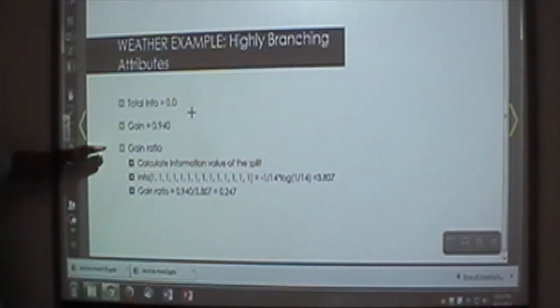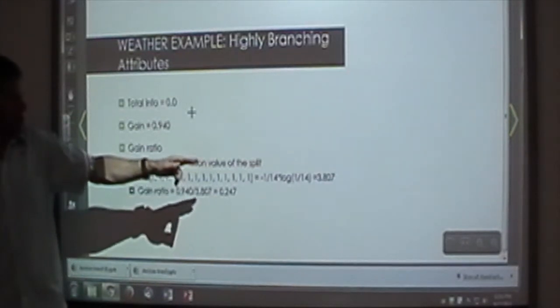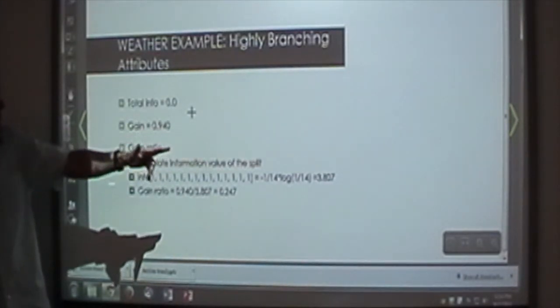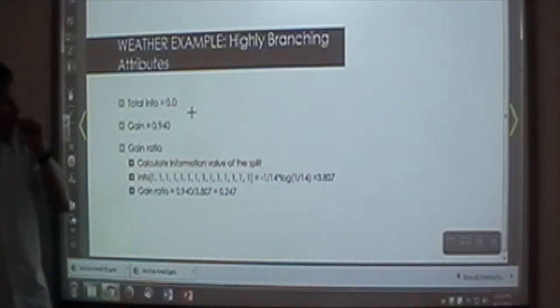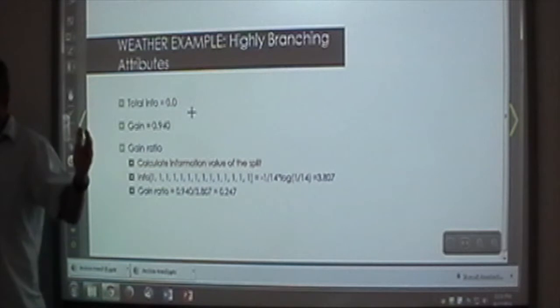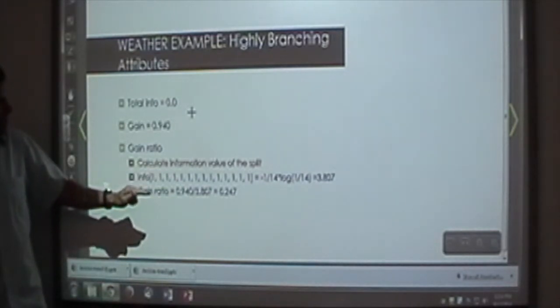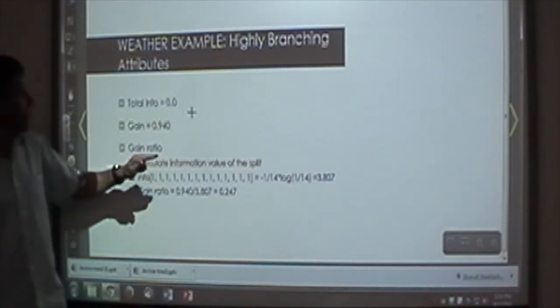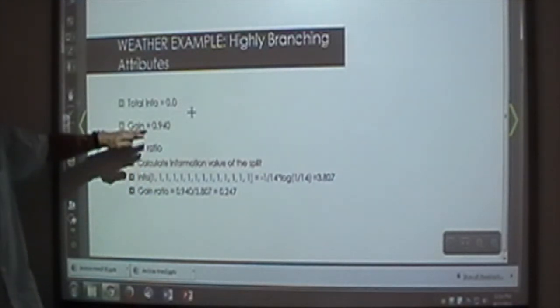It's meaningless. The info of the split is 14 ones, 1/14th log 1/14, which is 3.807, which is larger than anything else we've seen. The gain here, I went a step ahead.